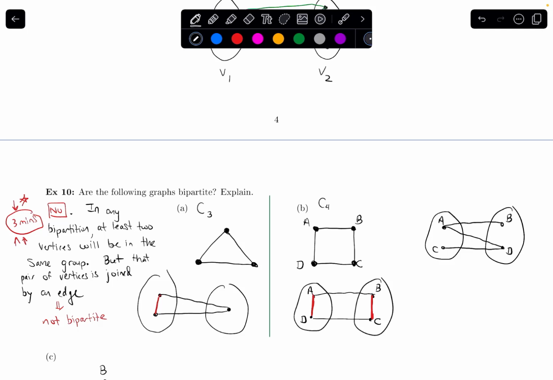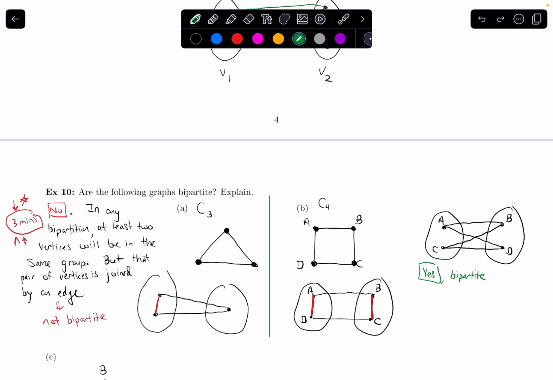Ooh, I like that. There's an edge connecting B to C, which would now be like that. Ooh, and if I can find one successful orientation like this, that makes it bipartite. So yes, this one is bipartite.